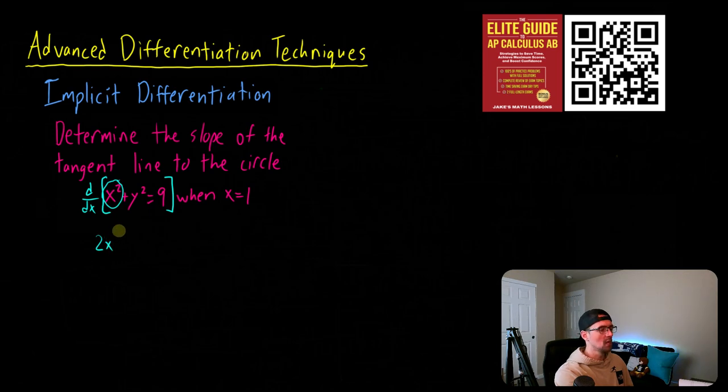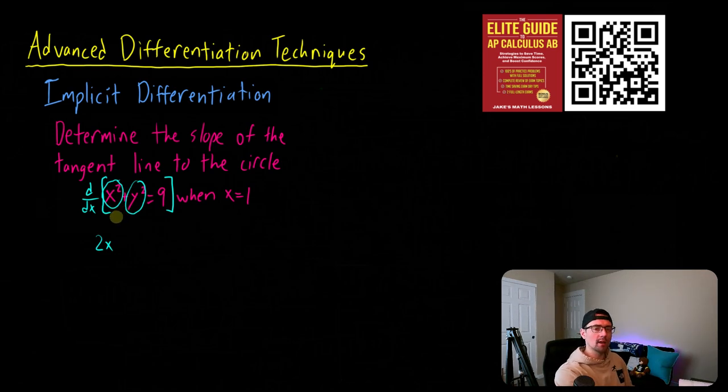Where it gets a little trickier is when you take the derivative with respect to x of something that contains y in it. You're not just going to be able to do that using power rule, chain rule, product rule, whatever. You have to do something extra. And the reason for that is, keep in mind, y is some function of x.